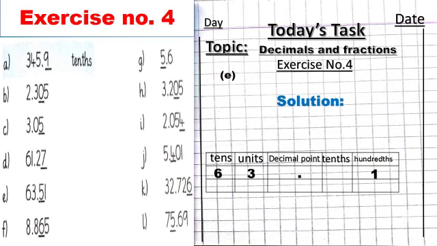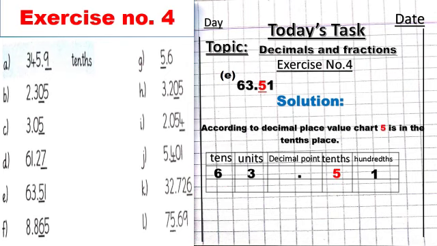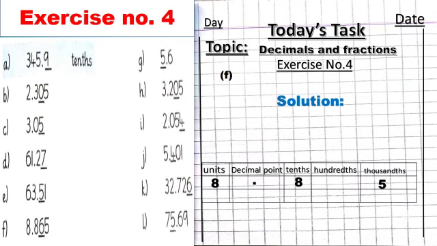Let's move to part E, that is 63.51. Here we will identify the place of digit 5 because 5 is an underlined digit. To identify the place of 5, we will draw the decimal place value chart. And according to the decimal place value chart, 5 is in the tenths place. So dear students, according to the decimal place value chart, 5 is in the tenths place.